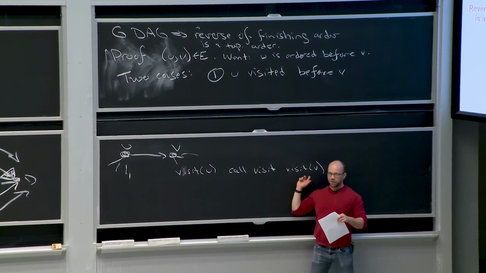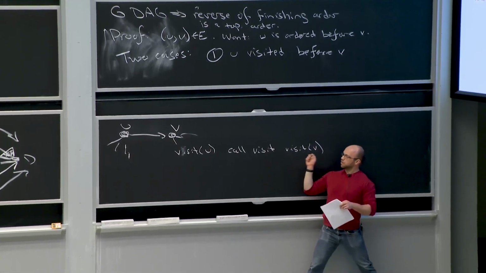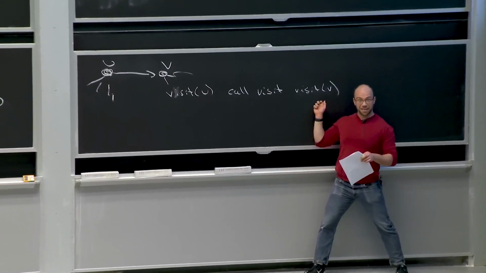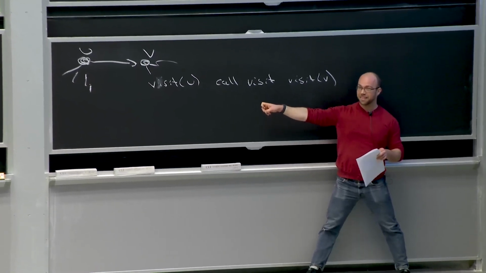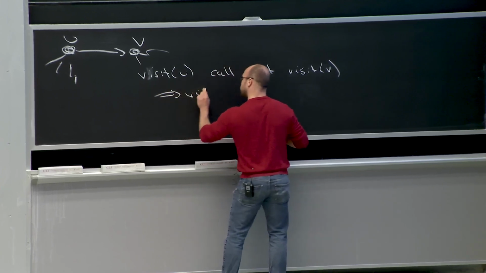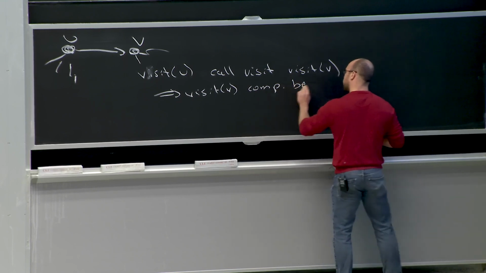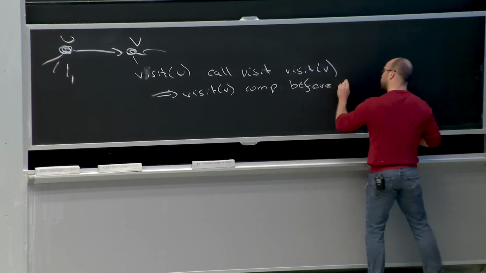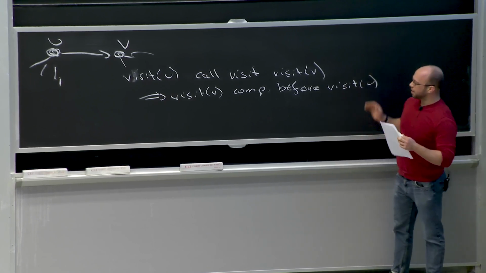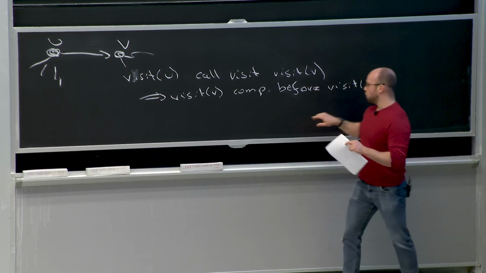Now here's where reverse ordering, we're going to have to keep it in our head, right? Because now, visit of U calls visit of V. So notice that visit of V has to complete before visit of U, right? V completes before visit of U. Well, so in reverse finishing order here, what does that mean?